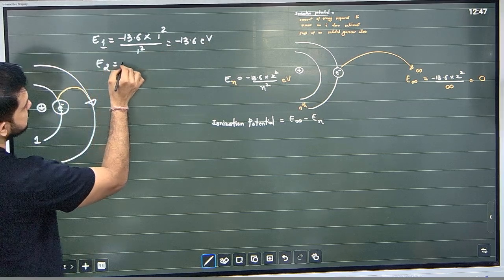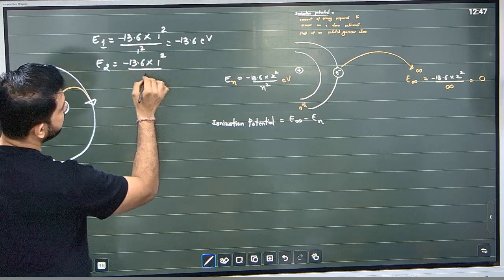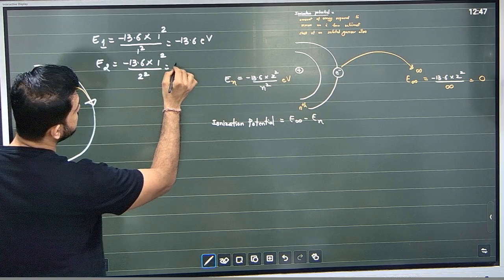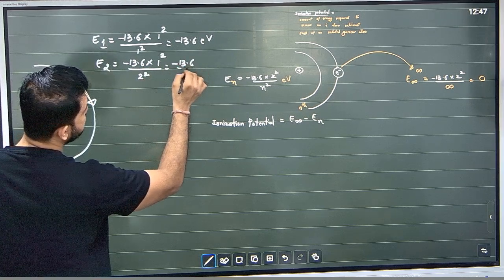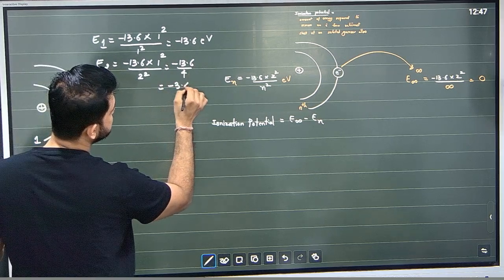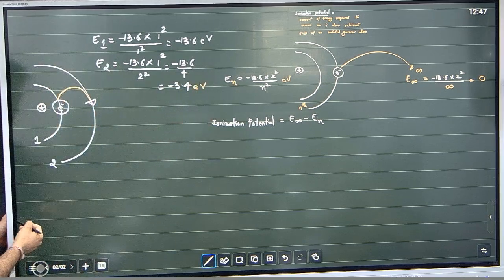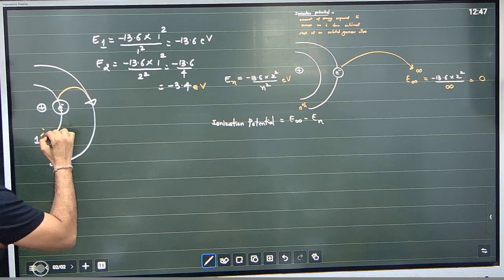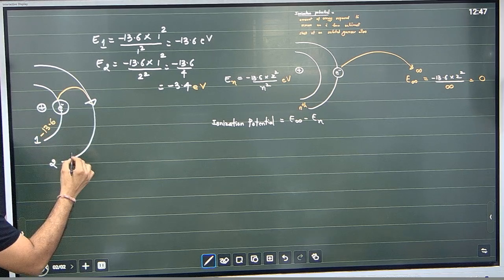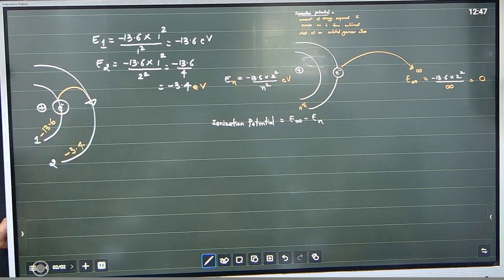I have to take it to orbit number 2. What will the energy be over there? Minus 13.6 into 1 square by 4. How much is that? Minus 3.4. So the energy in the first orbit is minus 13.6, and the energy in the second is minus 3.4. To go from here to here, how much energy was supplied?